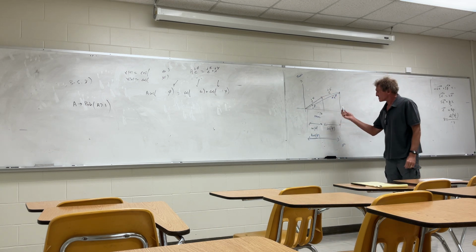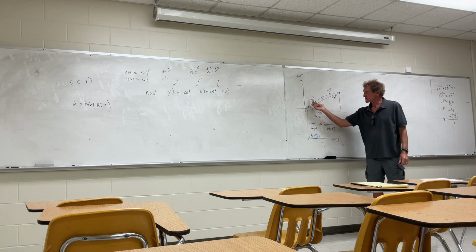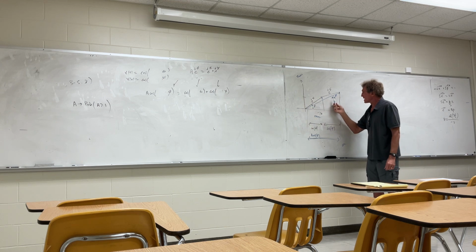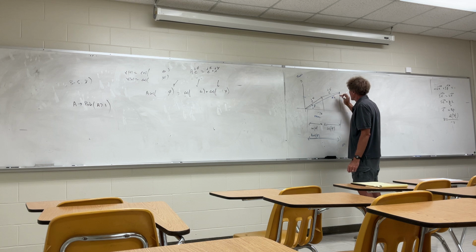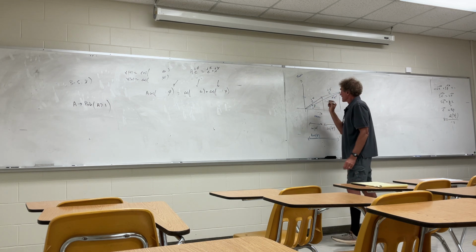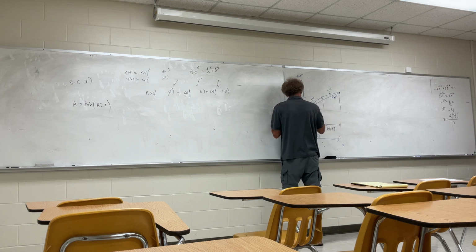And likewise, for the vertical axis, the vertical component of this one would be just sine of theta, and the vertical component of this one added to that would be sine of psi.